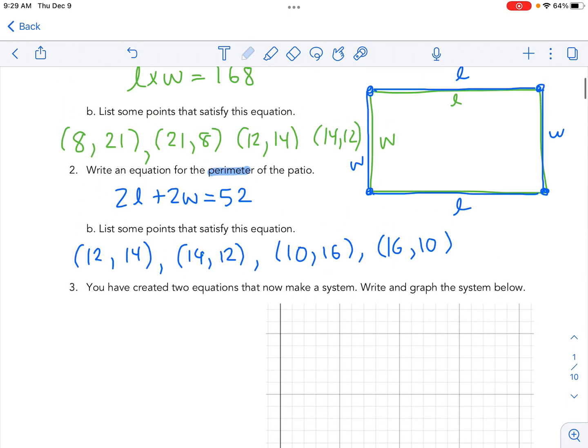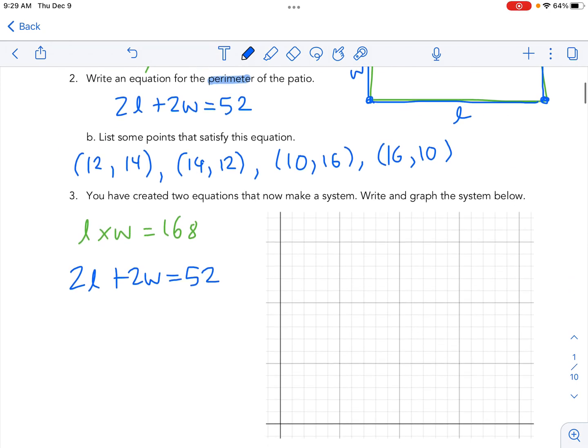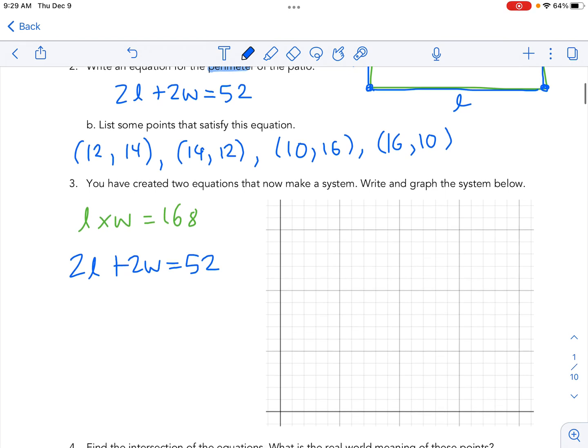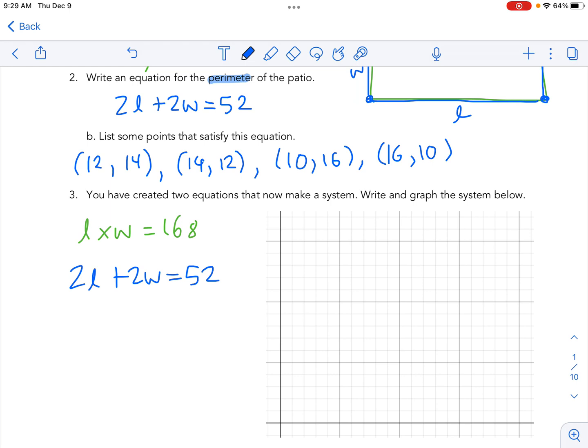Okay, so we can make pairs pretty quickly. But really what we have is a system. We've got this first equation, which is L times W equals 168. And then we've got this other perimeter equation that says 2L plus 2W equals 52. And we can solve that system and come up with the solutions algebraically.